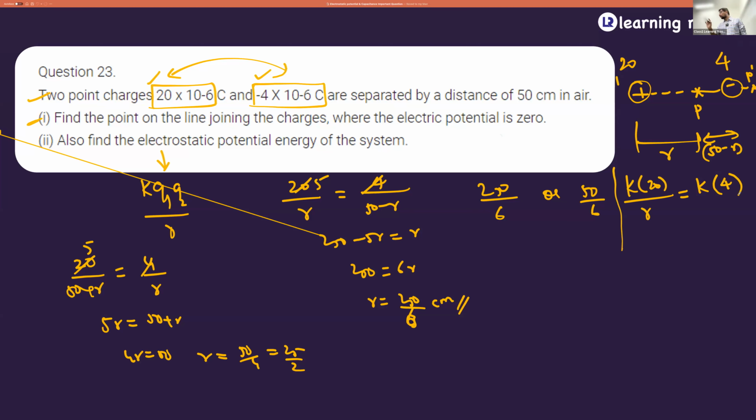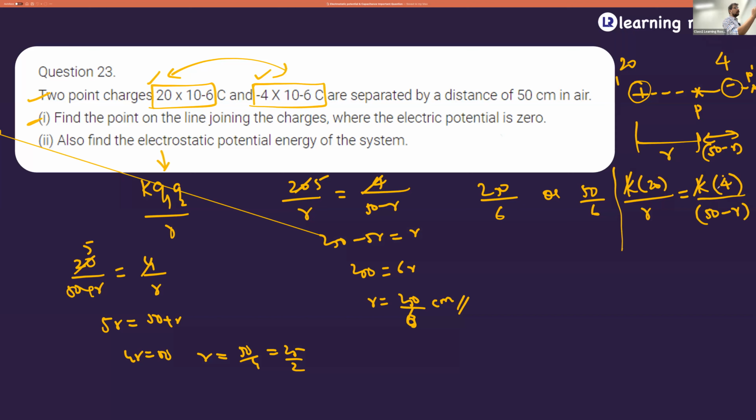Don't write minus 4. You will write minus 4 when you write both the potentials on the same side, because I've already taken it to the other side. Because what does the question say? The sum of the electric potential is 0. Means this potential has got added to this value and the value has come out to be 0. So the negative has gone to the other side as positive, divided by 50 minus R.